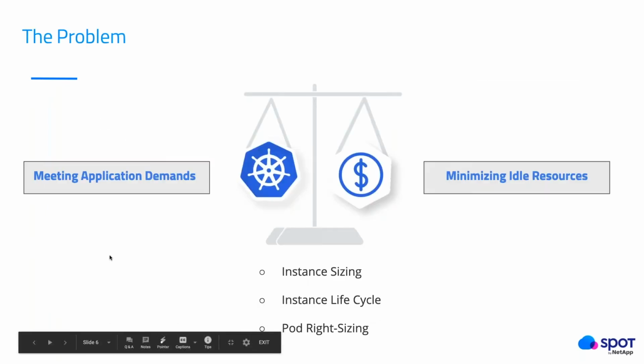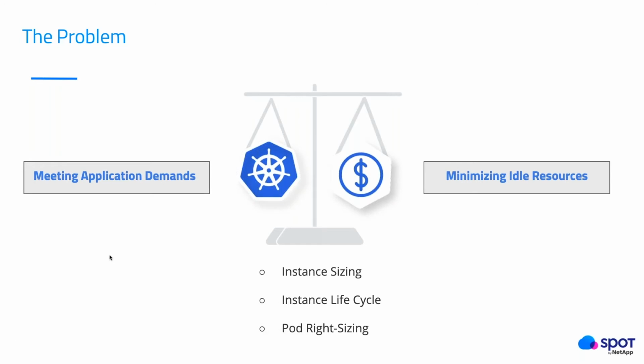Now, the problem with Kubernetes on the cloud is that we want to do two things. We want to make sure that we're meeting the application demands on one hand, and on the other hand, we want to minimize idle resources as much as possible. This is crucial because running resources on top of the cloud is very, very expensive.